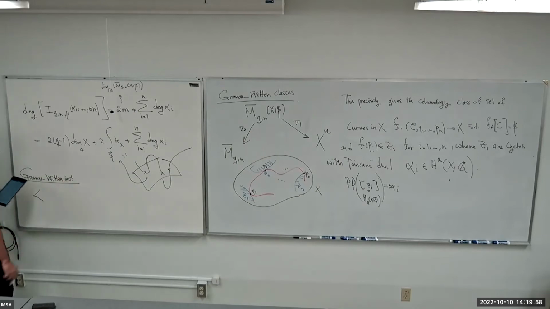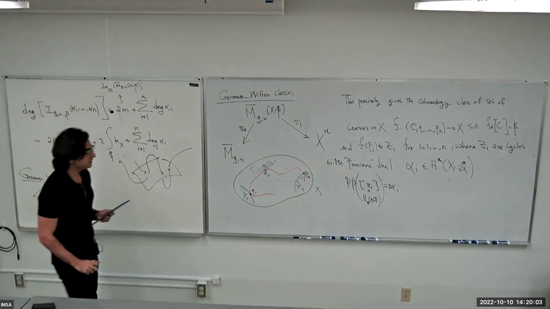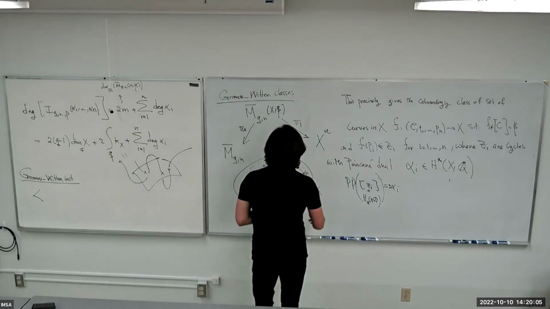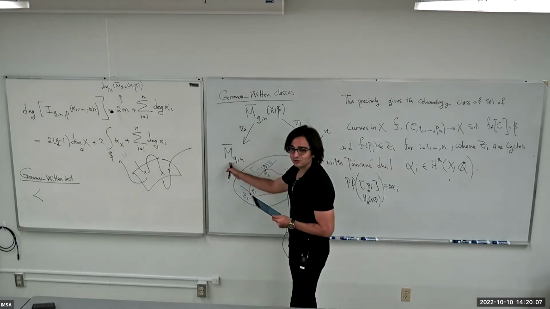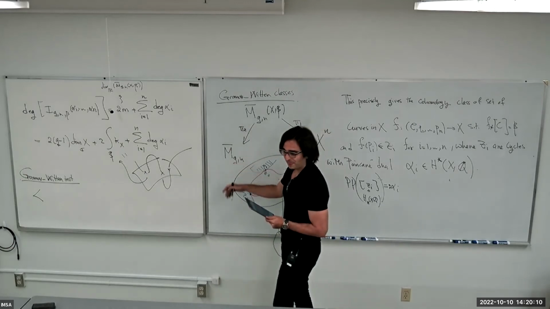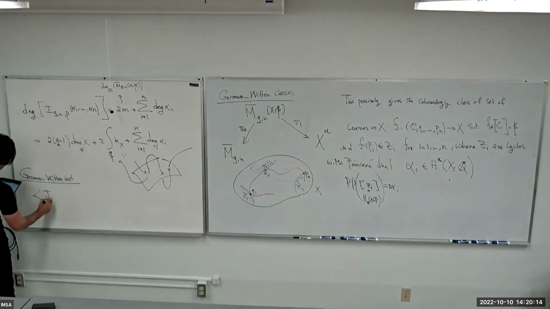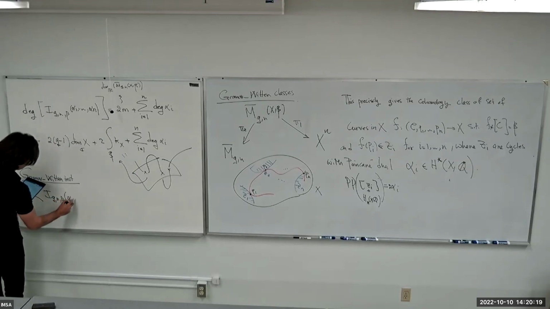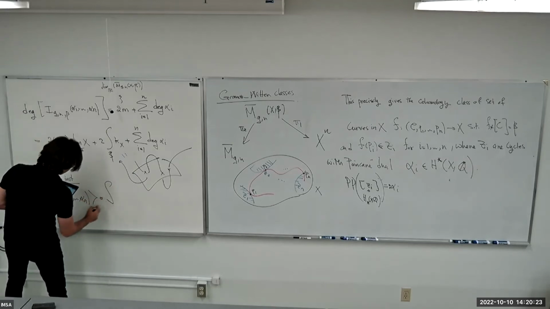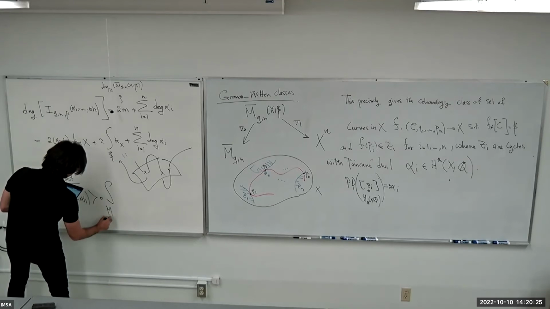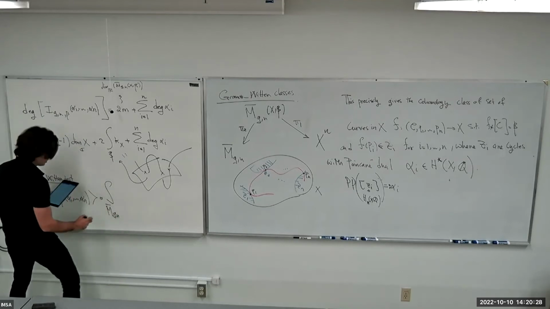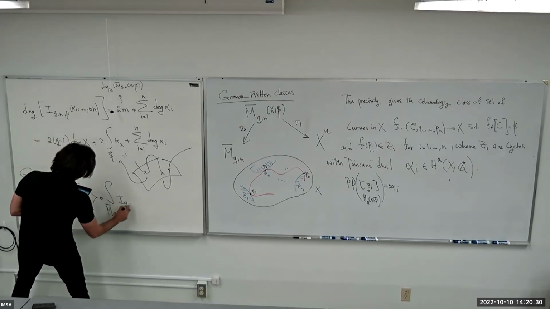The Gromov-Witten invariant, I use the notation of a bracket because it's a bracket between the homology class you produce in here and a cohomology class. So it's the bracket of I_{g,n,beta} with alpha_1 to alpha_n, which is the integral, as far as it makes sense, over M-bar_{g,n} of this class I_{g,n,beta}.